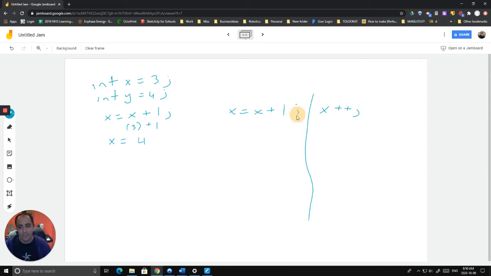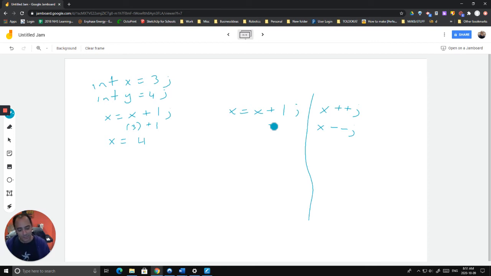Basically that is saying take x and add 1 to it. It's the equivalent operation going on here. Perhaps not surprisingly, there's also an x minus minus, and that was basically the equivalent of x equals x minus 1. Those are probably the most popular operations you're going to see, because adding 1 to a variable and subtracting 1 from a variable happens everywhere in programs.